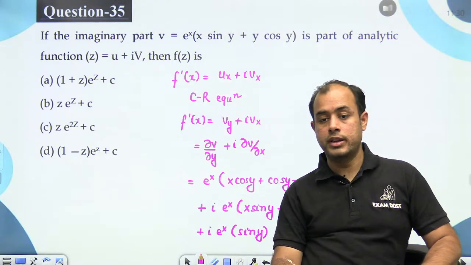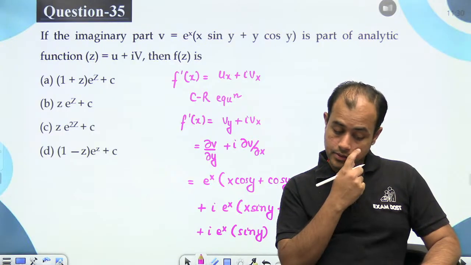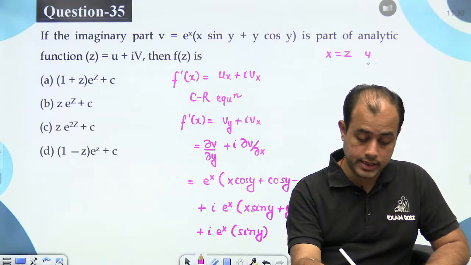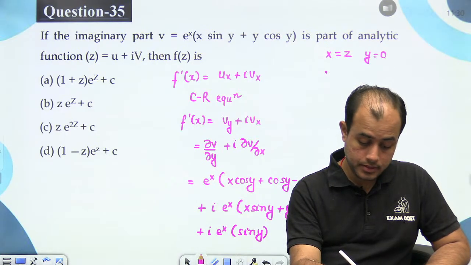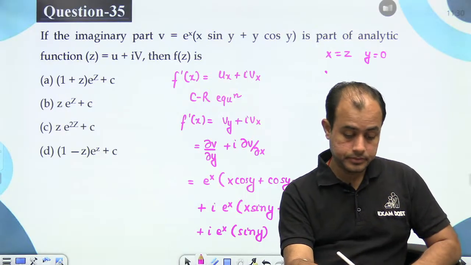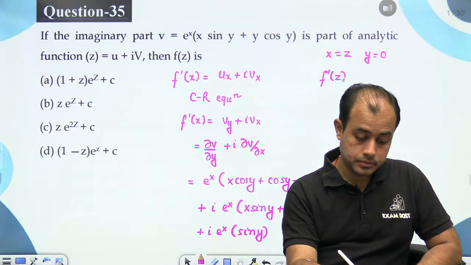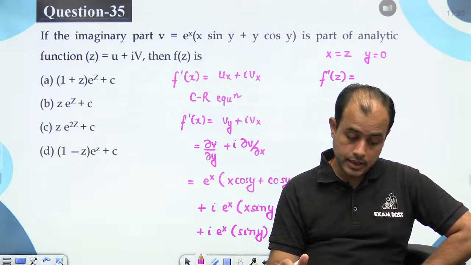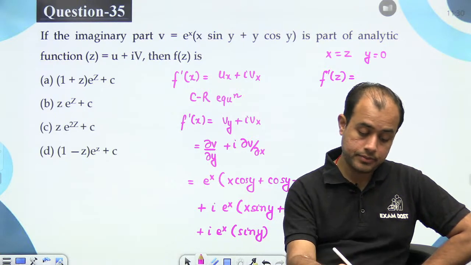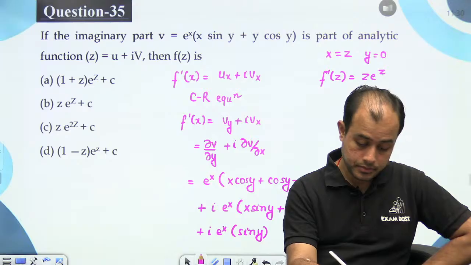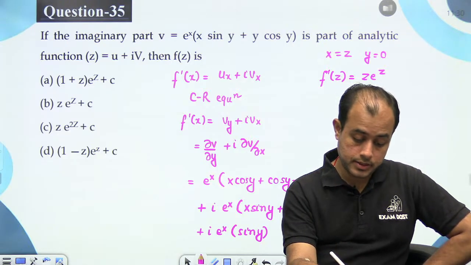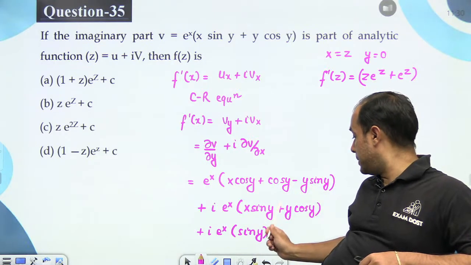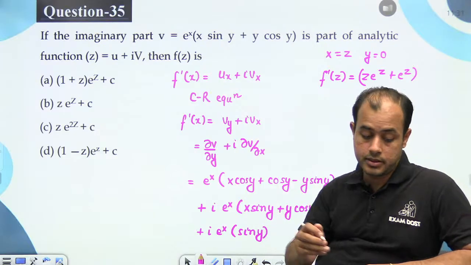Now what we can do is we can replace y by 0, put x equal to z and y equal to 0. So f dash z will be x equal to z e की power z, y equal to 0 plus e की power z. Y is 0. So this term will be 0, this term will be 0, this term will be 0.